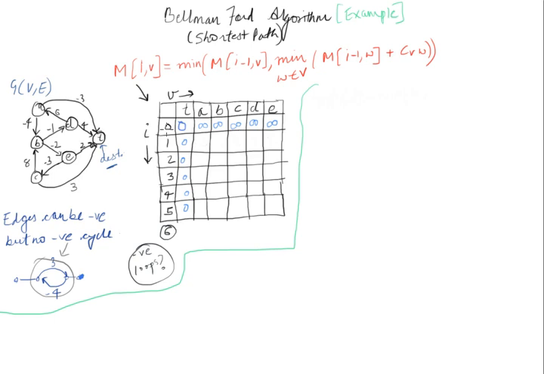So if you have 0 edges to go from source to destination, then you can't do it, because if you want to go from A to T, you have to use at least one edge. So all of them are infinity except for T, which will be 0 because I'm going from T to T. It requires 0 distance, so this will be 0.